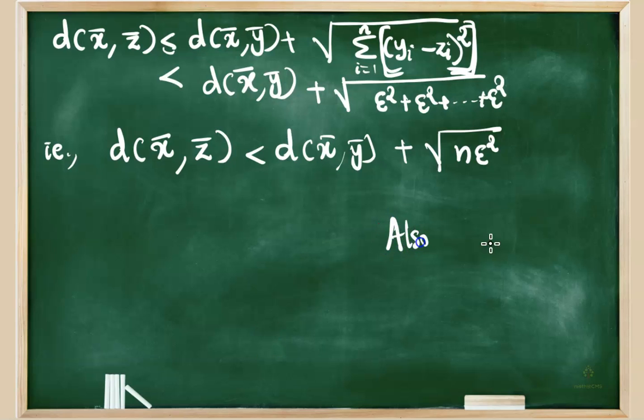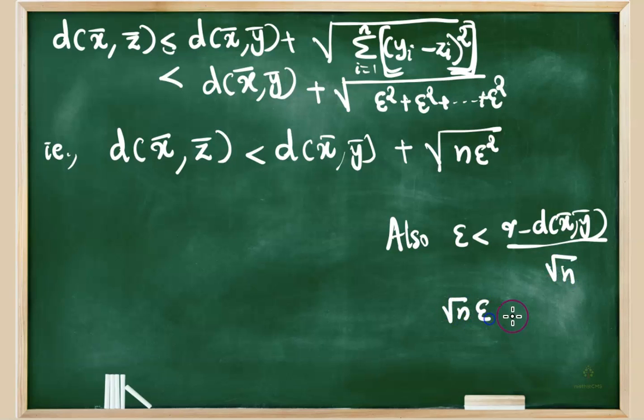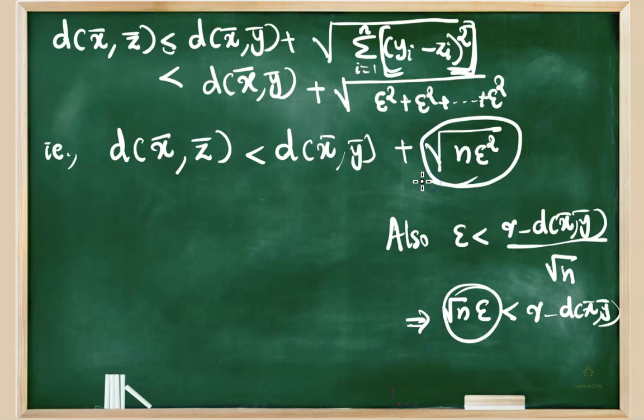Also, we know that epsilon is less than (r minus d(x̄, ȳ)) divided by root n. So, root n into epsilon will be less than r minus d(x̄, ȳ). Here, this root n into epsilon is equal to the square root of n epsilon square. So, we can replace this quantity by the number r minus d(x̄, ȳ) by applying this inequality.